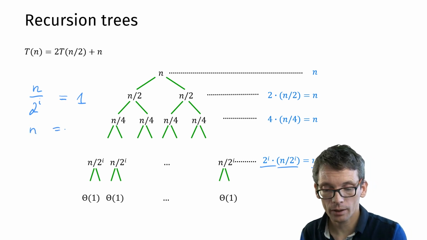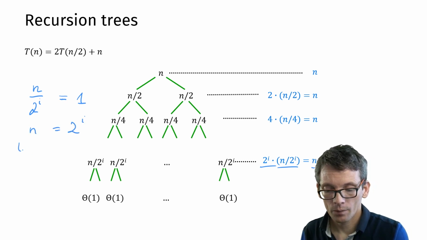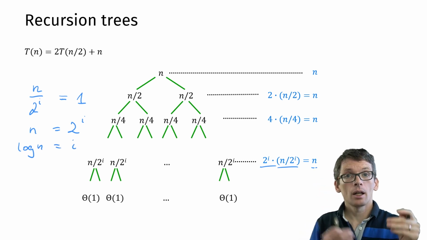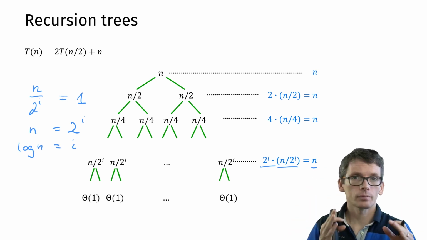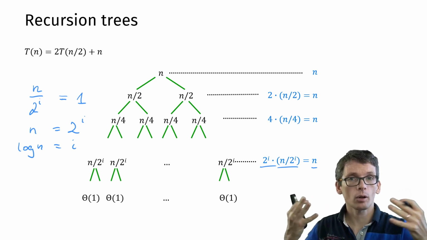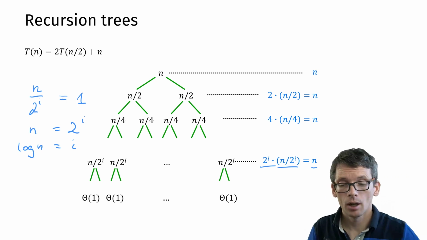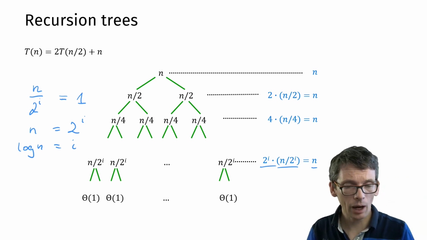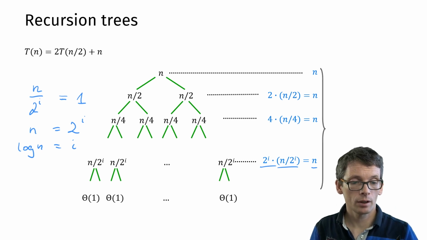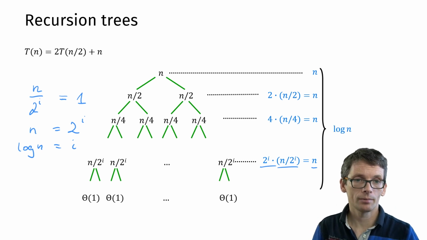It's 1 when n is 2 to the i, which is the same as saying that i is log n. So we have log n levels, and of course log n might not be an integer, so you can think of this rounded down, or you can think of n being a power of 2. I will simply write log n. So we have log n levels, each contributing n.